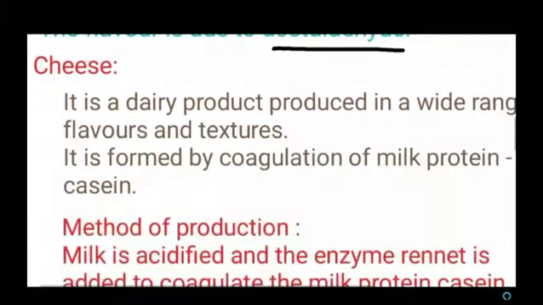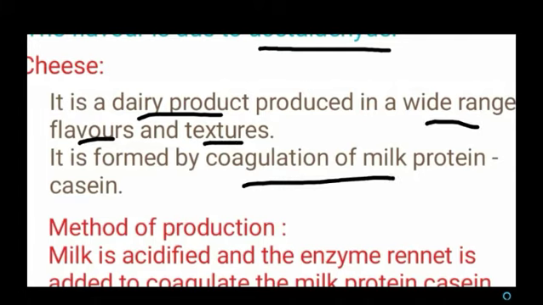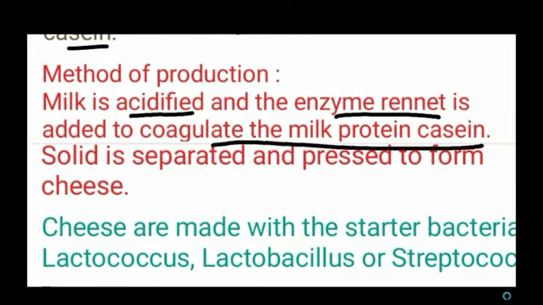Cheese. Cheese is a dairy product with a wide range of flavors and textures. It is formed by coagulation of the milk protein casein. Next we are going to see the method of cheese production. First they acidify the milk, then they add an enzyme, rennet. This rennet coagulates the milk protein casein.